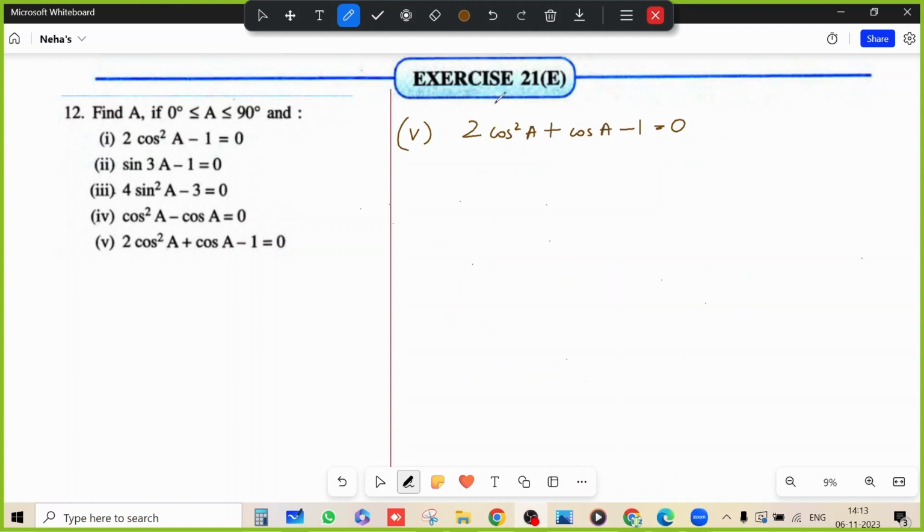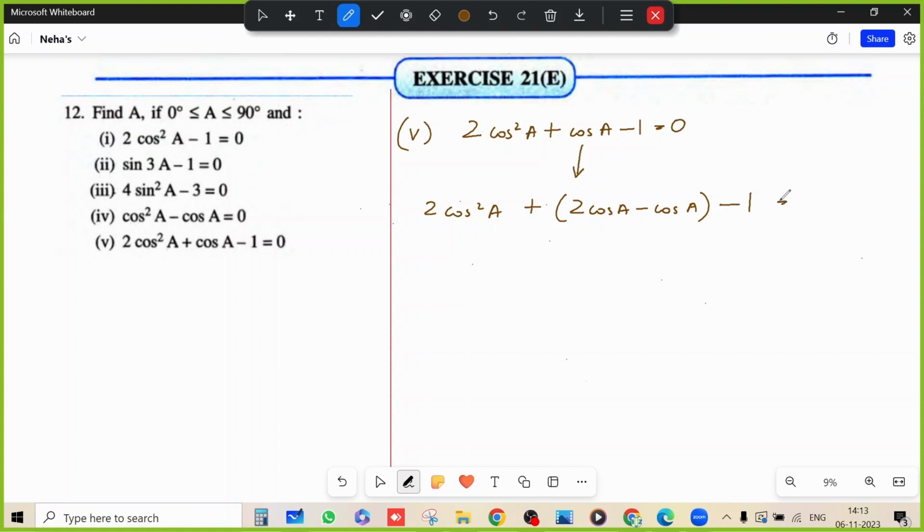The next equation is 2 cos square A plus cos A minus 1 is equal to 0. Now here first we will write cos A as 2 cos A minus cos A. 2 cos A minus cos A will give us plus cos A, and so we are rearranging it.